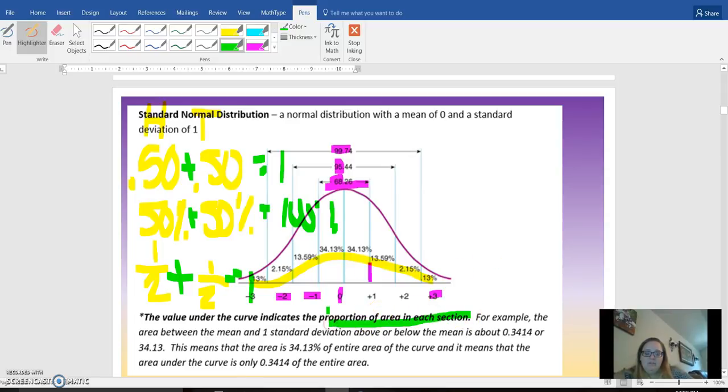So the value under the curve, for example, 1.5 or -2 or whatever, is the proportion of area in the section. I'm going to expand that more. Really just understand that you can convert the percent to a decimal.